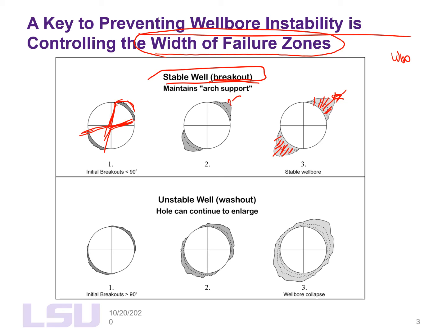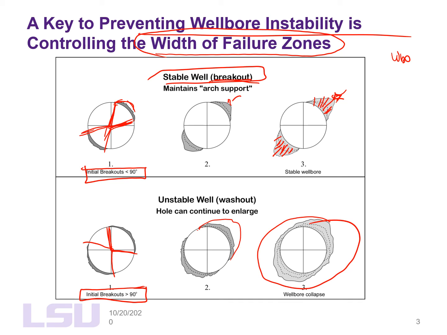But if the angle is greater than 90, again, previously it was less than 90. If the wellbore breakout width is now greater than 90, you will see it's very easy for that to lead to a general expansion in the hole size. And now it's difficult to keep the pipe in the hole without getting stuck.